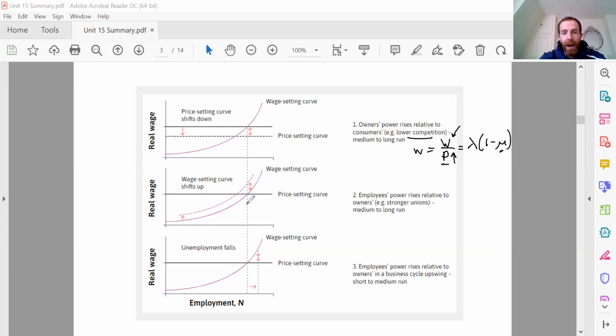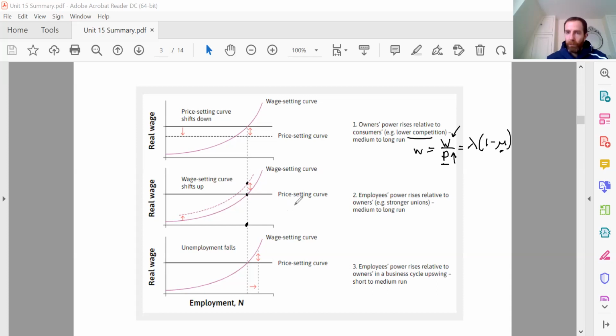And again, that means at a given level of employment, which is what the x-axis here shows, there again is a bit of a gap between here, the wage that firms are willing to pay, and here, the wage that workers want.